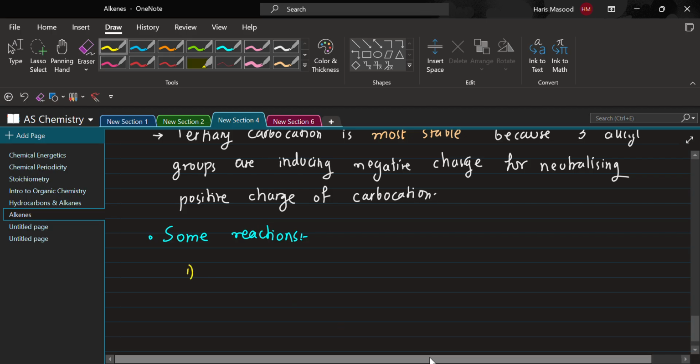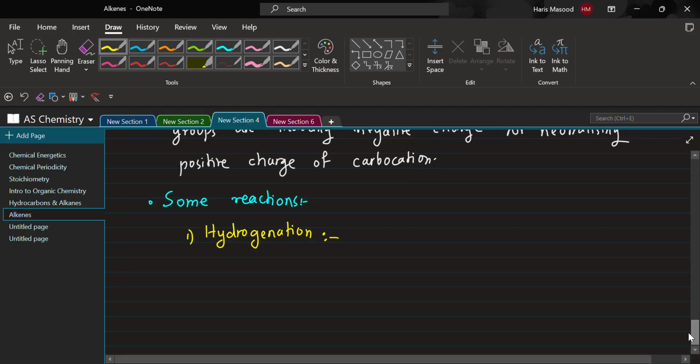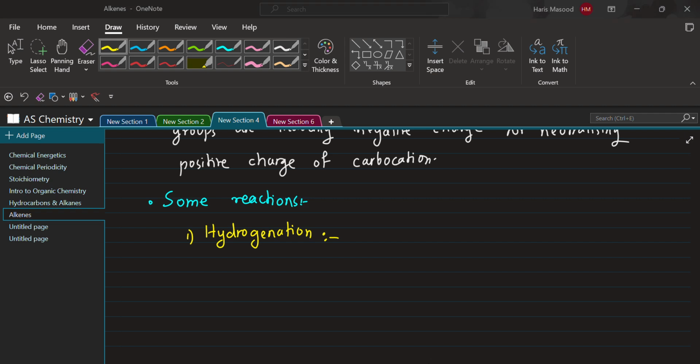First is quite simple. What we are doing is hydrogenation, that is adding hydrogen, electrophilic addition of hydrogen. Reagent and conditions I'll just write here.